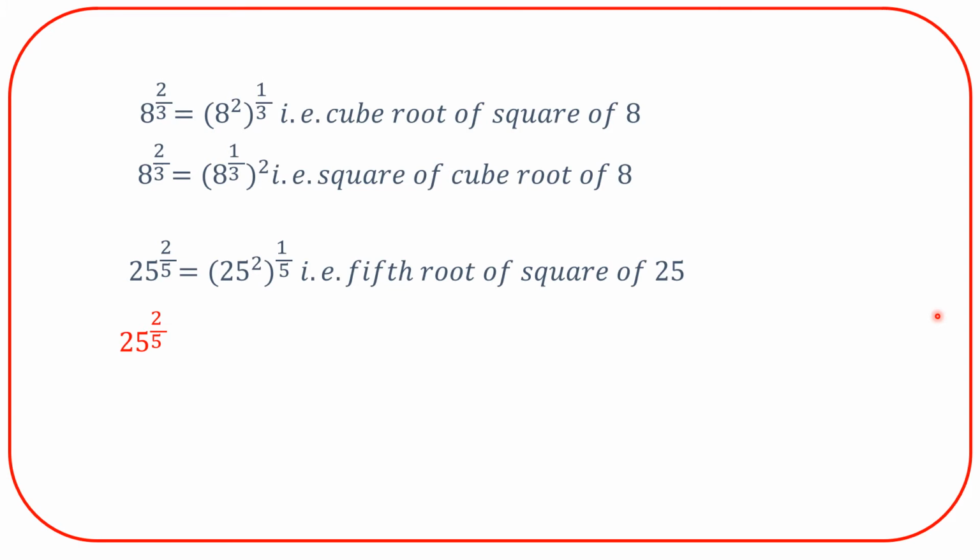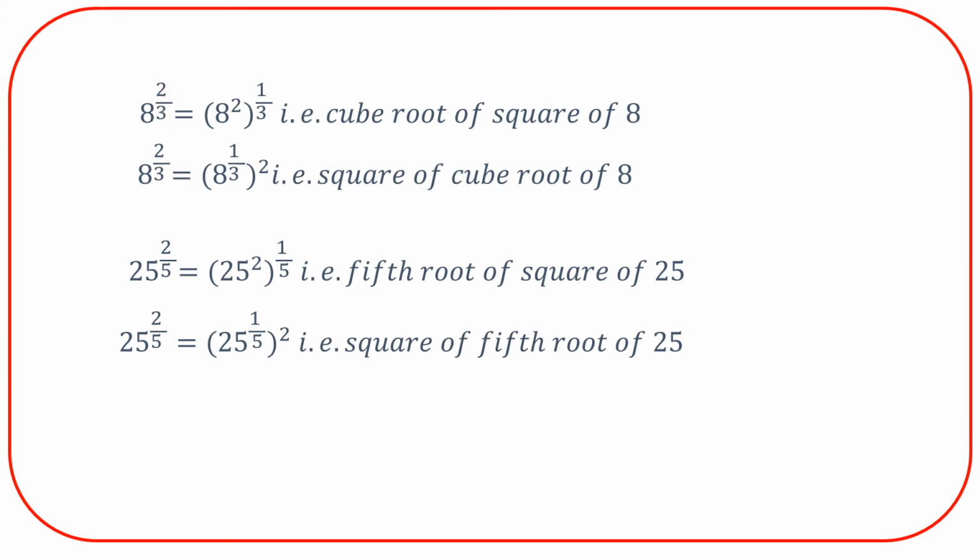Also, 25 raised to 2 upon 5 is equal to 25 raised to 1 upon 5, square. That is the square of the fifth root of 25. The numerator is the power and the denominator is the root.